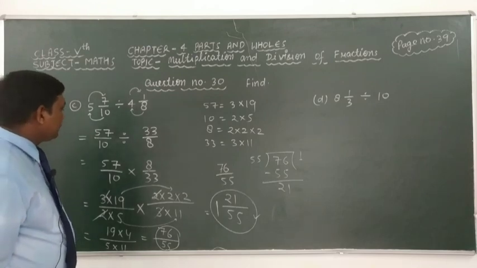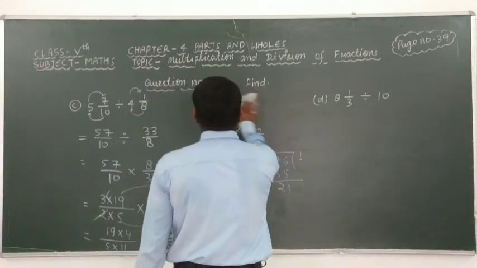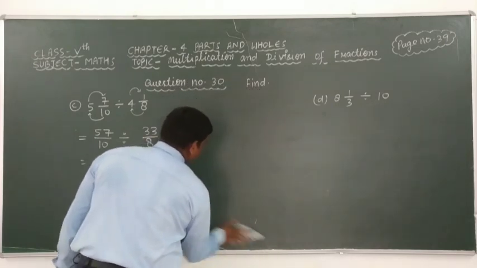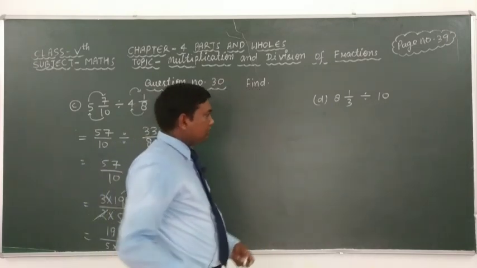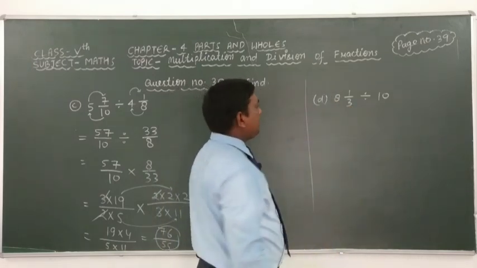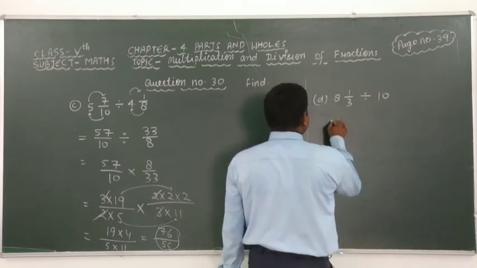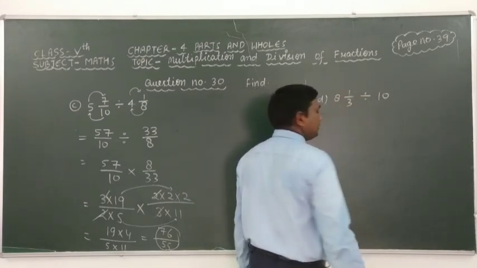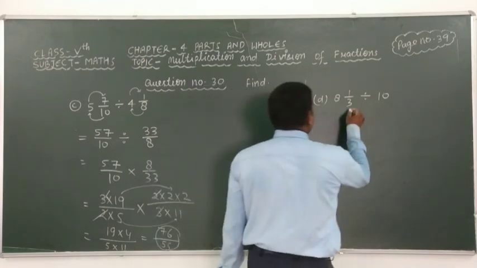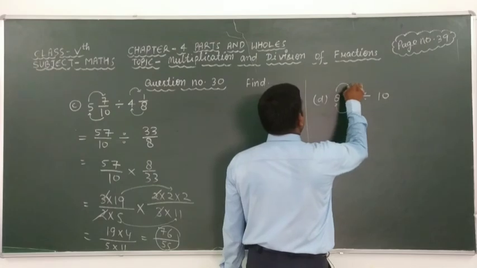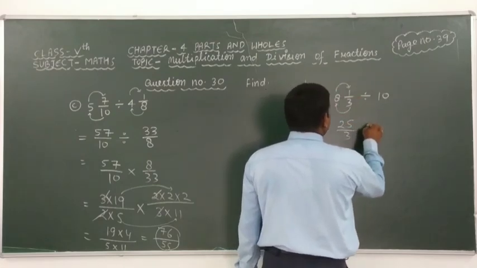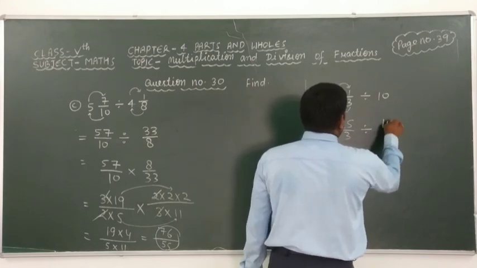Okay, students. Similarly, we can solve question number 30 of D. Look, here given that 8 mixed 1 over 3 divided by 10. Firstly, we can write this into an improper fraction. Okay, 3 eights are 24, 24 plus 1 is 25 over 3 divided by 10.